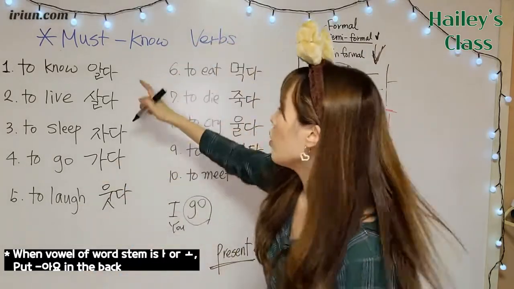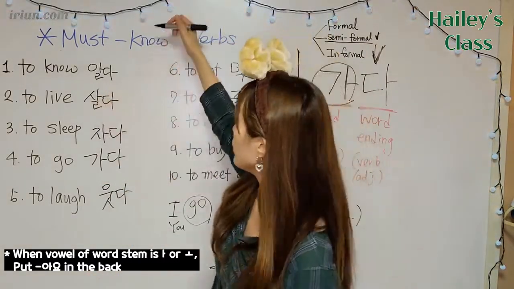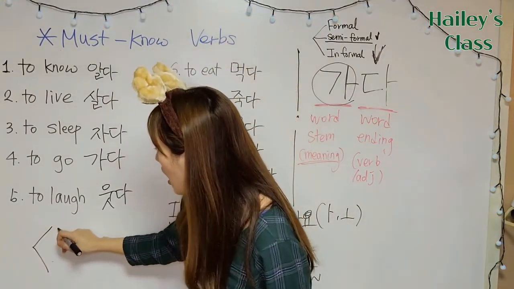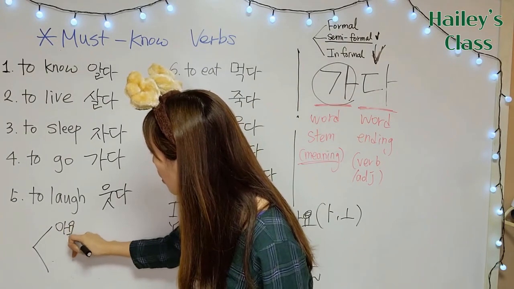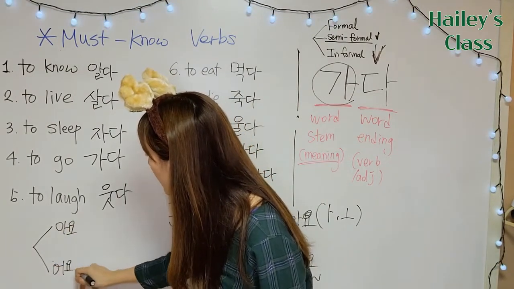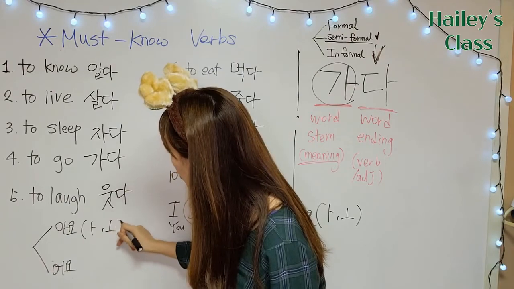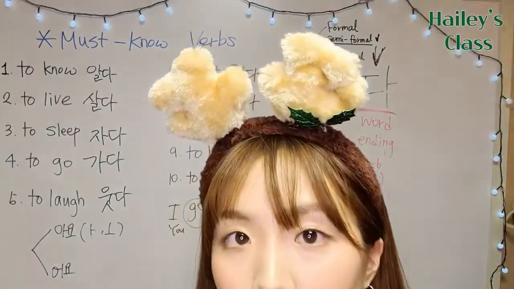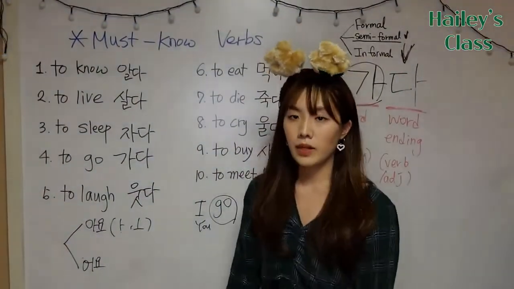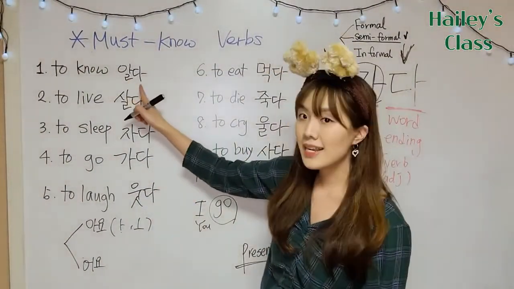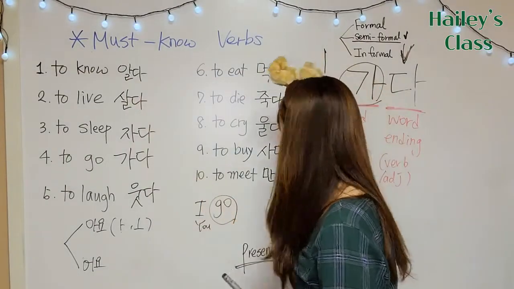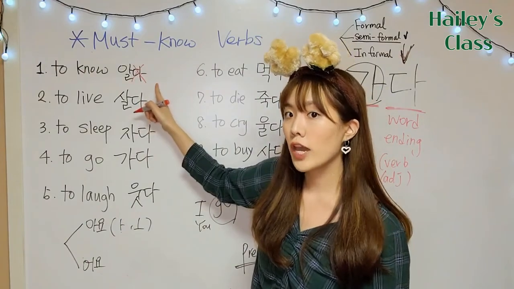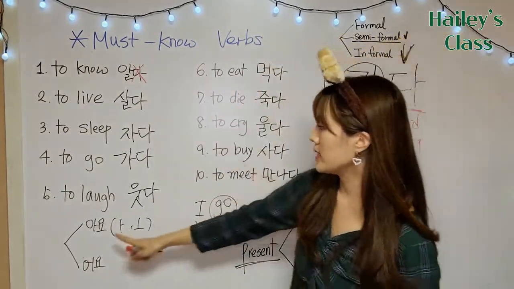Okie dokie. So, 알다. I'm going to write it here. Can you see? So we change with 아요 or 어요. With 아 or 오, it's here, and 어요 here. Okay, got it? Good job. So this is 알다. We delete 다 because it's just the dictionary form, and we change to the semi-formal, 아요 or 어요.